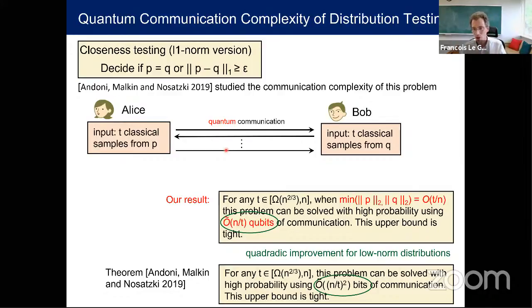Here, I really want the complexity in terms of n, which is the size of the universe for the probability distribution, which may be different from the rate, the number of bits sent. It's a little bit different, but they are very related. Yes, I agree.